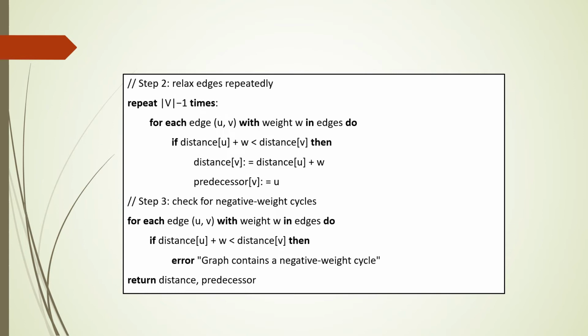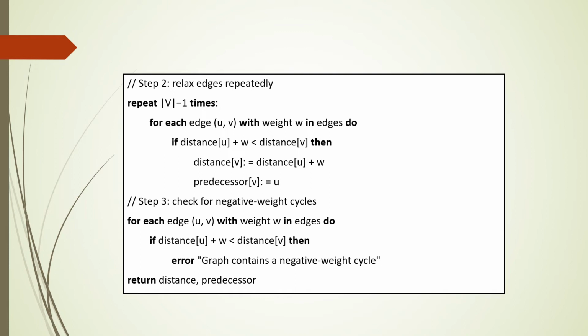And in the condition part, what we'll do is, if the distance of v, that I talked about in the first tab, is greater than the distance of u, where u and v are the source and destination, consider it as a source and destination, and there is an edge between them.